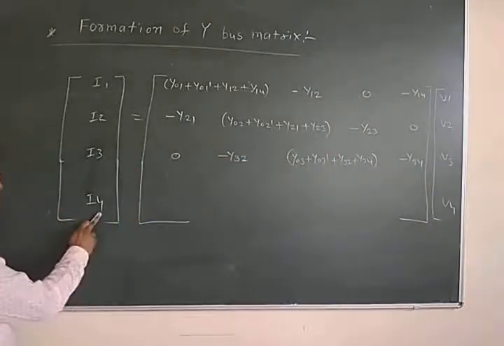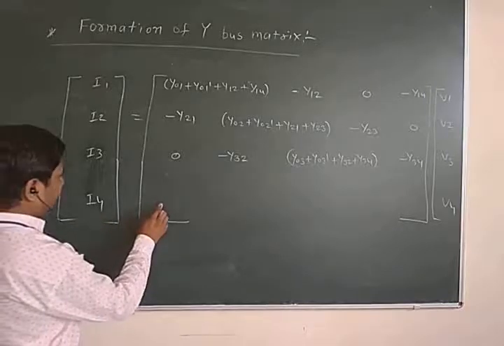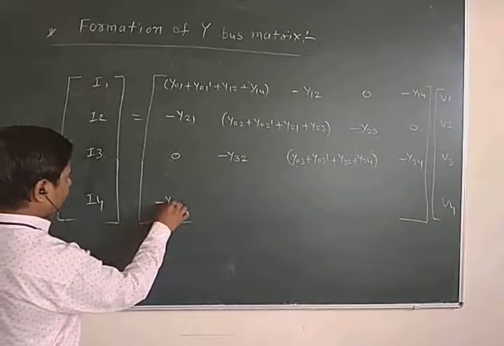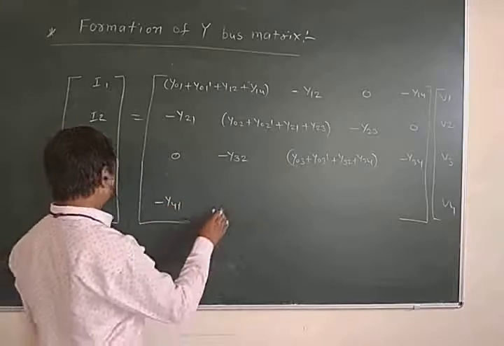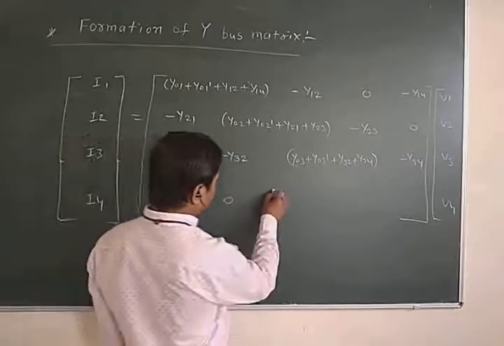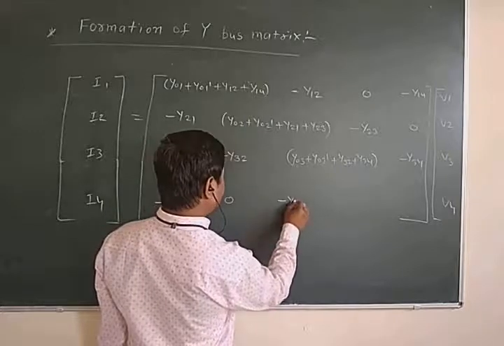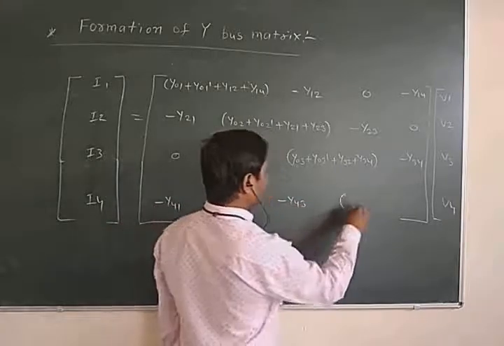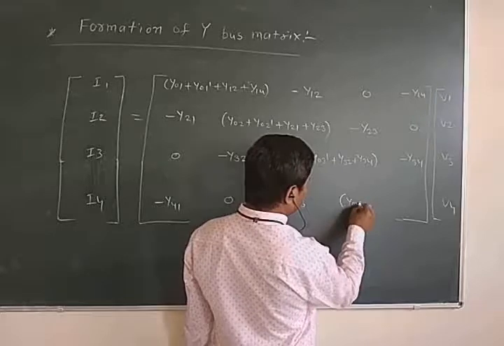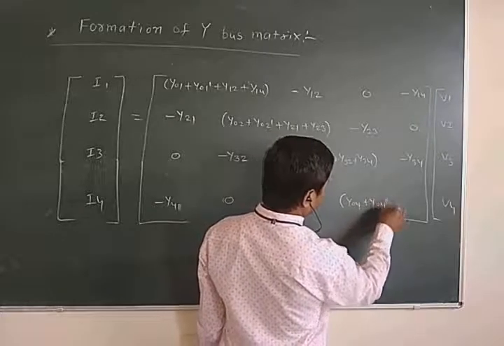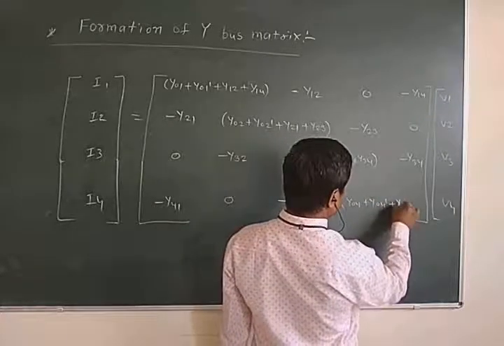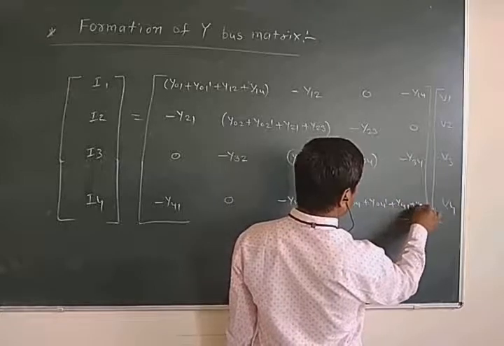Now from equation number 4 we get minus y41, 0, and minus y43, and then we get y04 dash plus y41 plus y43.